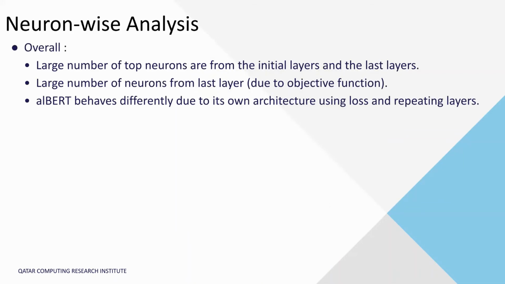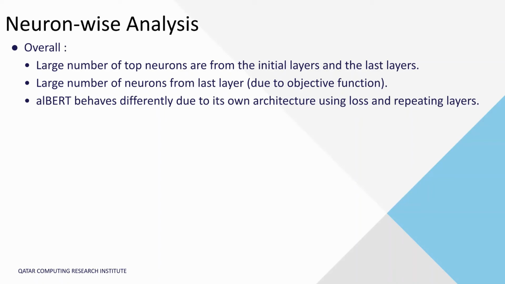So back again, this is a summary of what we have seen. A large number of the top neurons are from the initial layers and also from the last layers. For the last layers, our intuition is that it is probably due to the objective function that you use, which tries to optimize the representation of the last layer specifically.